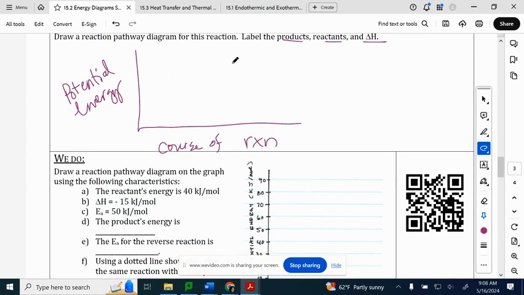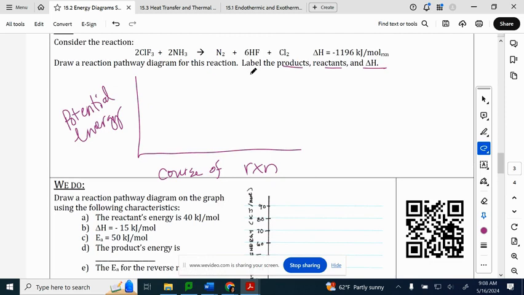When we look at this, our delta H is negative. So does that mean my products are going to have more energy or less energy than my reactants? Sorry, this is a negative delta H. Will the products have more energy or less energy than the reactants? Less. Okay.